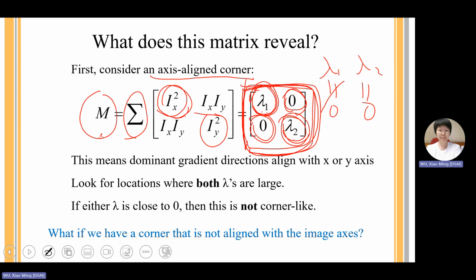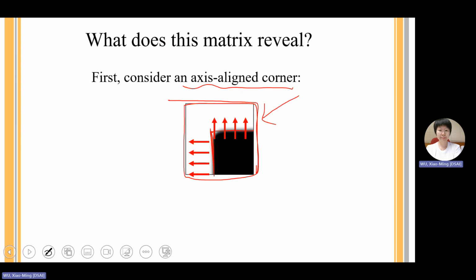Okay, so this is for a good case, the axis aligned case. Axis aligned means the edges of the corners are parallel to the image boundary. So this is an ideal case.